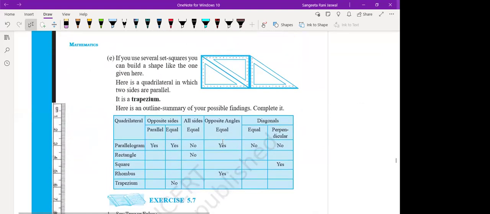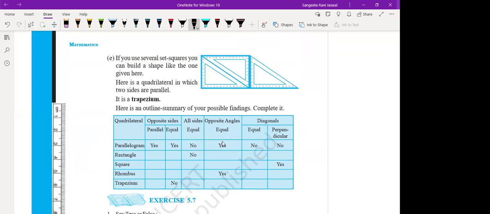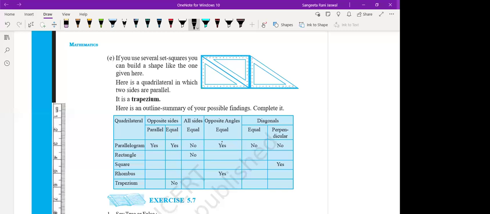Ma'am, where is this mensuration chapter? Ma'am, I think I did not attend the chapter when you were explaining it. Ma'am, me too.